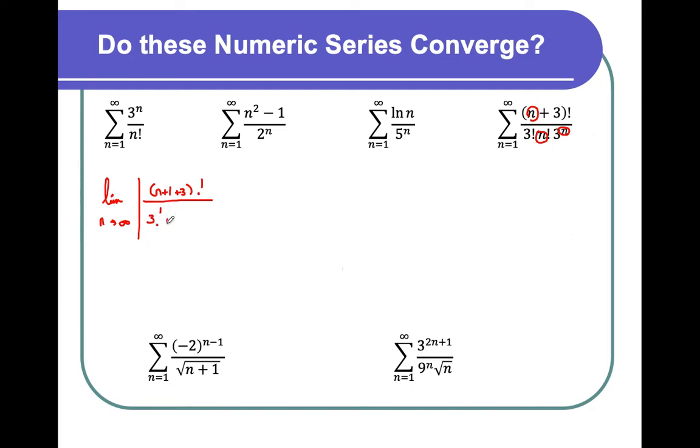And 3 to the n plus 1, which we're pretty sure is useful to write that way, right? And then times the reciprocal. Those 3s are going to go away, right? I think I can get that n factorial to go away, and I already see that that 3 to the n is going to go away. And I need this ratio to be less than 1 to get convergence.